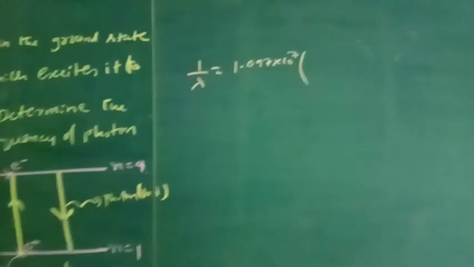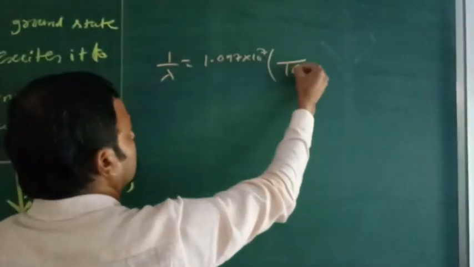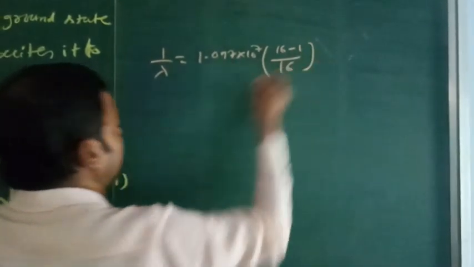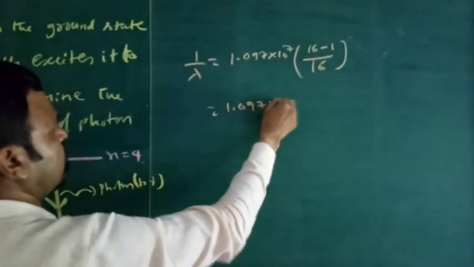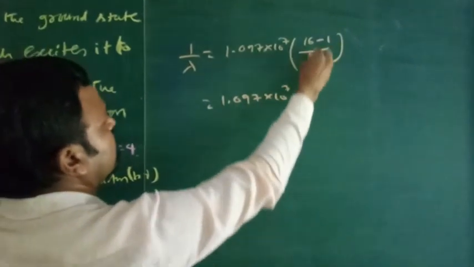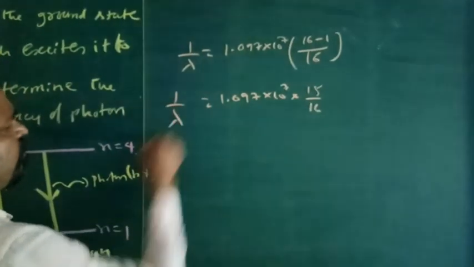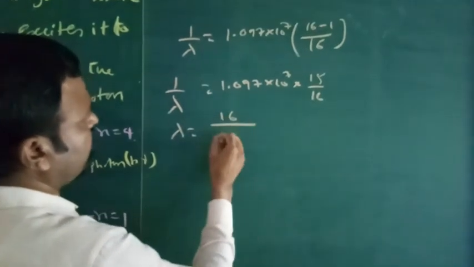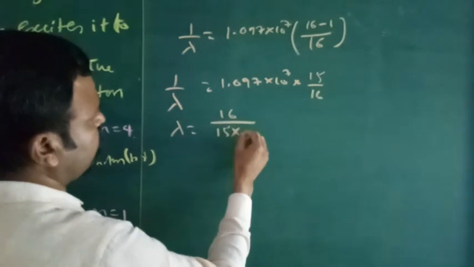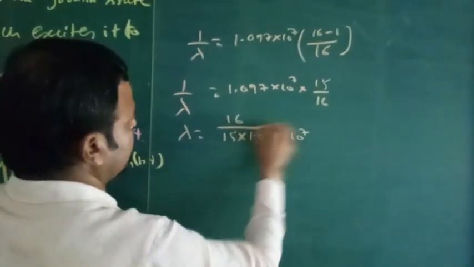So 1 by lambda is equal to 1.097 into 10 power of 7 into 1 minus 1 by 16. 16 is the LCM, so 16 minus 1 over 16, finally 15 by 16. Since 1 by lambda is on the left side, lambda is equal to 16 divided by 15 into 1.097 into 10 power of 7.